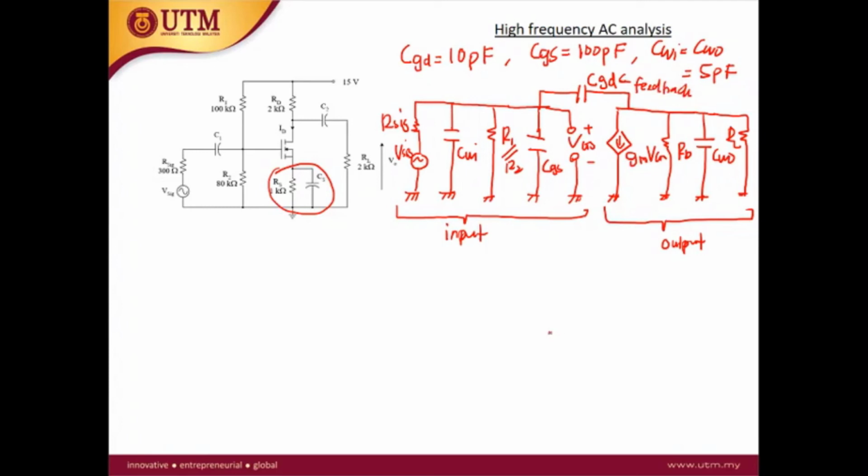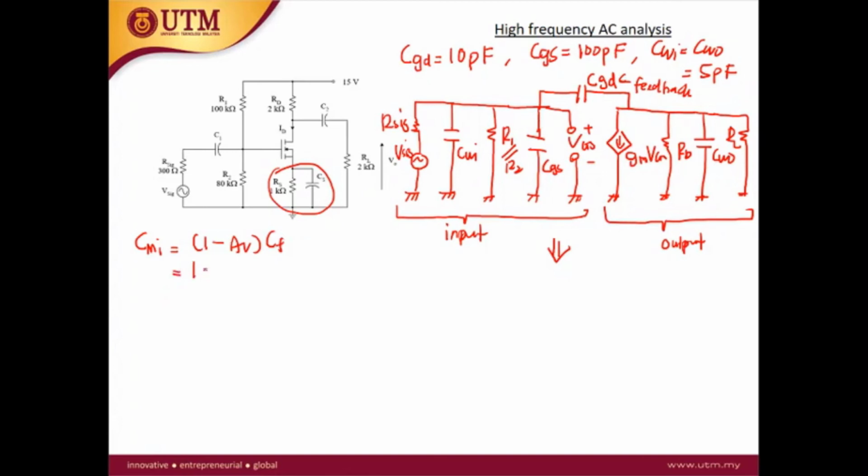To eliminate this feedback capacitance, we need to replace it with the Miller input capacitance and Miller output capacitance. What is CMI? CMI is the Miller input, equal to 1 minus AV times CF. In this case, CF is CGD.